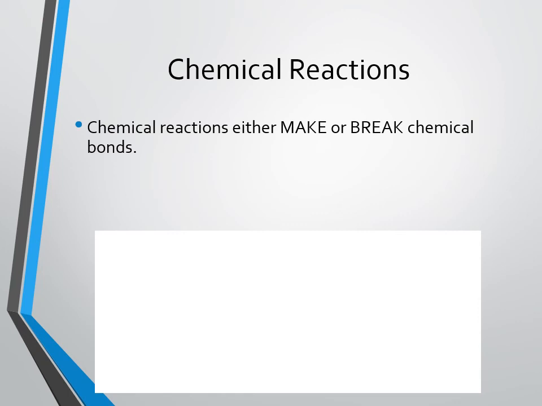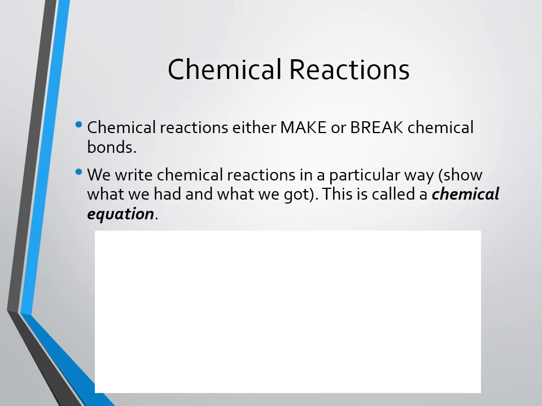All right. Chemical reactions either make or break chemical bonds. We write a chemical equation in a particular way, to show what we had versus what we got. So if you have 2 molecules of H2 plus an O2, it's not pure oxygen because you have 2 of them together.